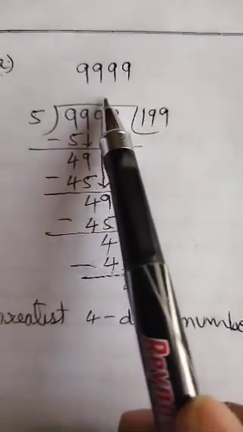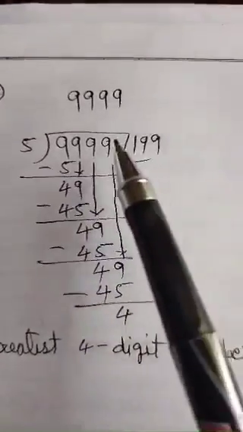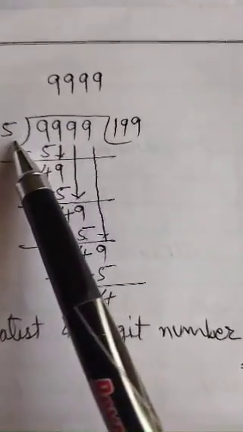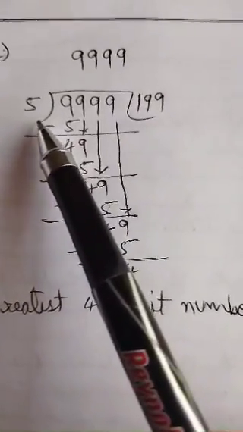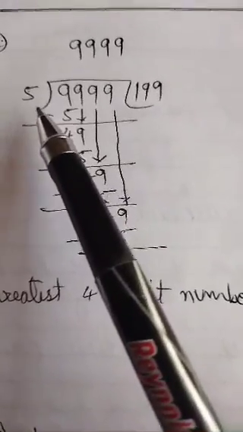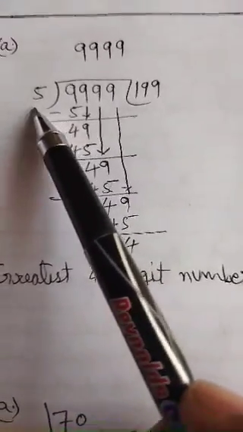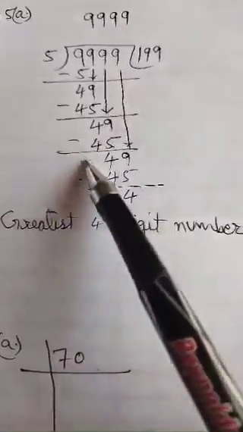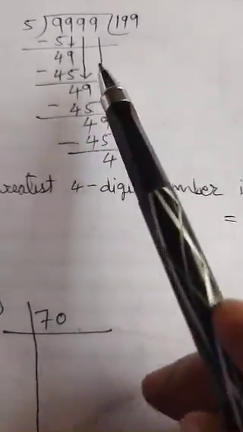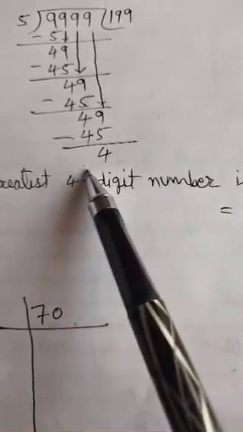Now we will divide this number by 5, because we have to find the number which is completely divisible by 5. Then after dividing this we find it is not completely divisible, we get a remainder 4.